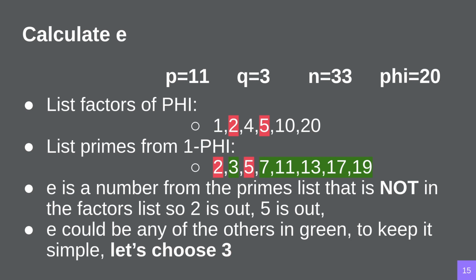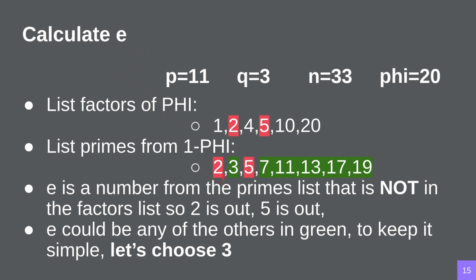We then have to list out the prime numbers from 1 to Phi, and we can figure out E, the encryption key, by picking a number that's not in the factors list. So it has to be a prime from 1 to Phi, but it cannot be in the factors list.